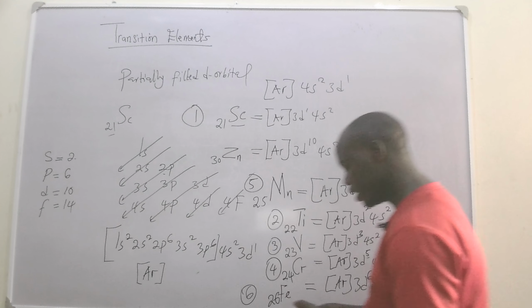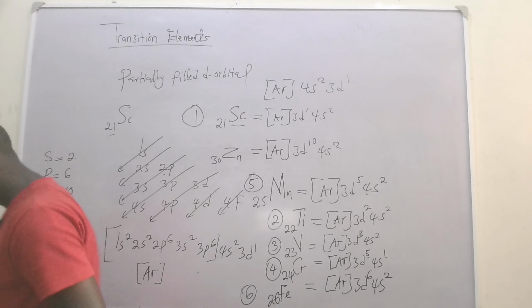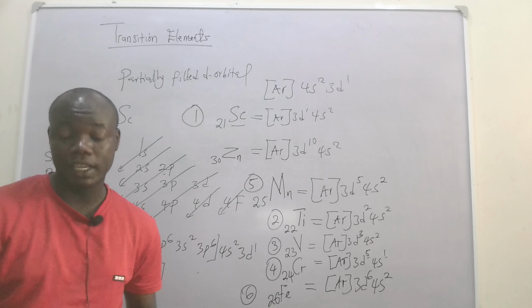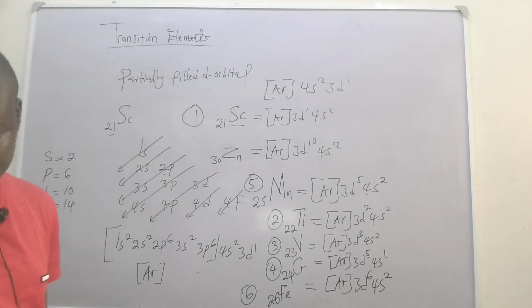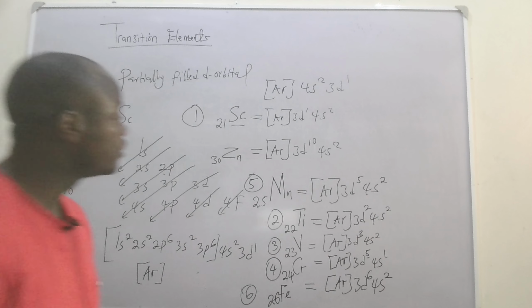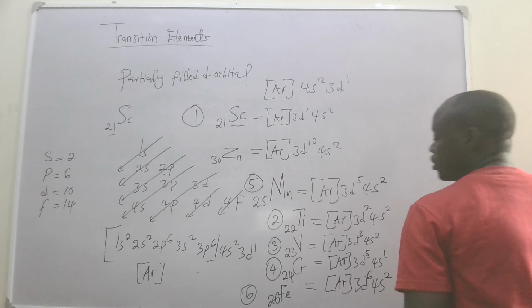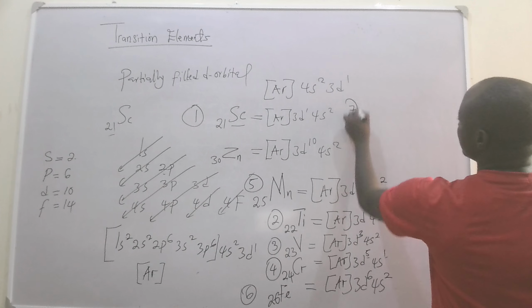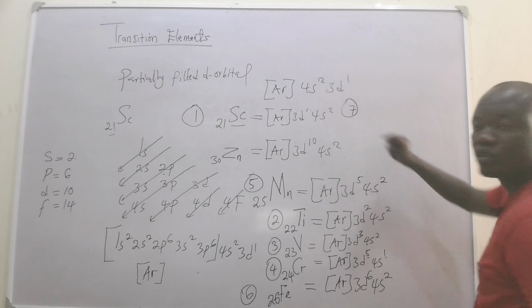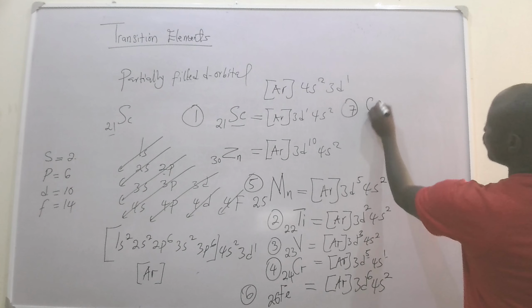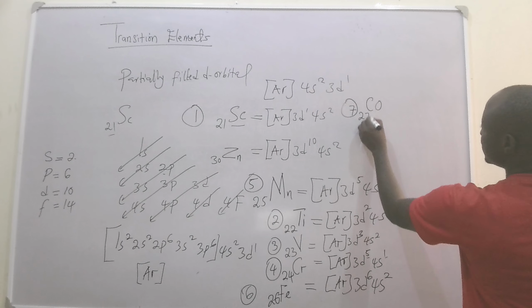And then the next element after iron is, of course, cobalt. This is number 7, so it's cobalt, Co, with atomic number 27.